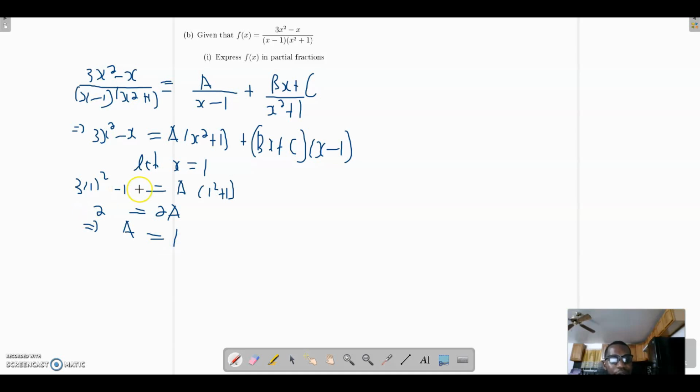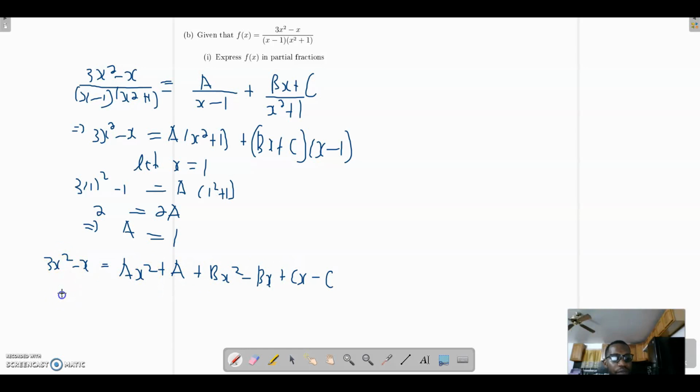Now, to find the other constants, since we can't make any more substitution, we can move on to comparison. So you could expand the brackets completely. So we have 3x squared minus x equal to Ax squared plus A plus Bx squared minus Bx plus Cx minus C. We'll start by comparing the highest power of the variable, which is x squared.